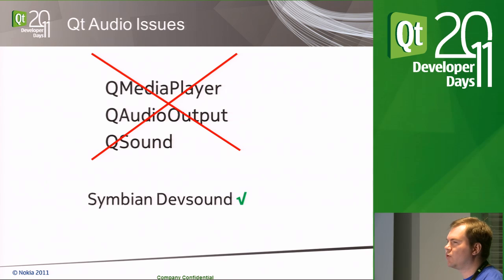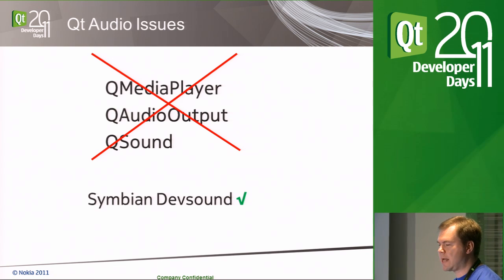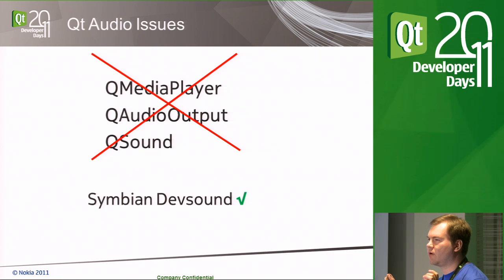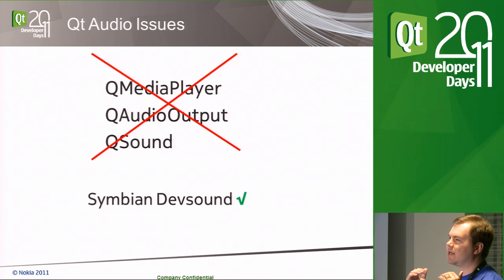Then about Qt and audio, I think this slide is kind of self-explanatory: I wouldn't use Qt for audio, and I can give you reasons why not. The first one is the Qt media player. Let's say you are playing back MP3 audio at a certain volume level, let's say 50%.